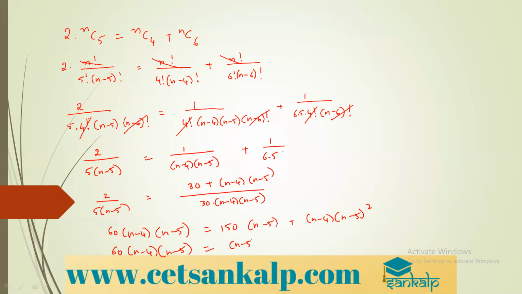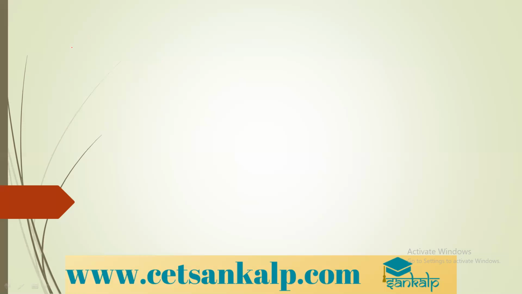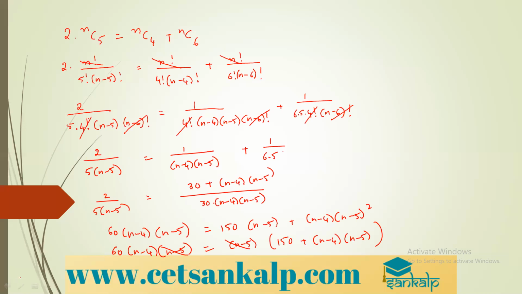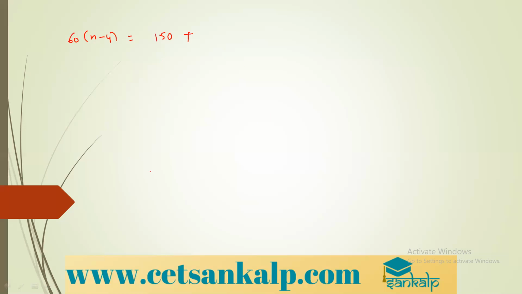After taking (n minus 5) common, I have 150 plus (n minus 4) into (n minus 5). So that on both sides I can cancel (n minus 5). Now left is 60 into (n minus 4) equal to 150 plus (n minus 4) into (n minus 5).